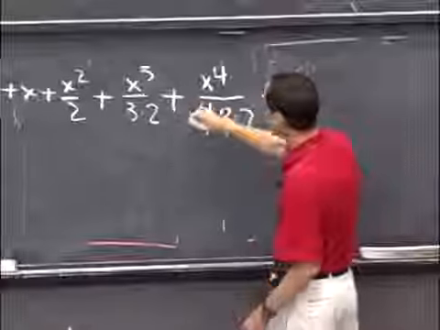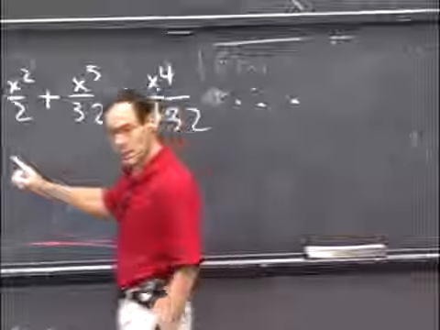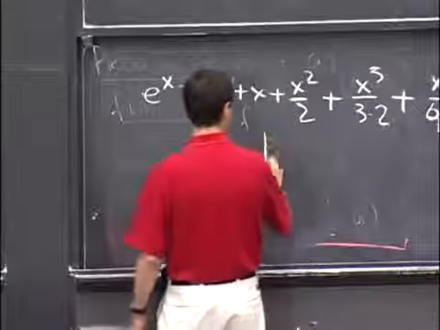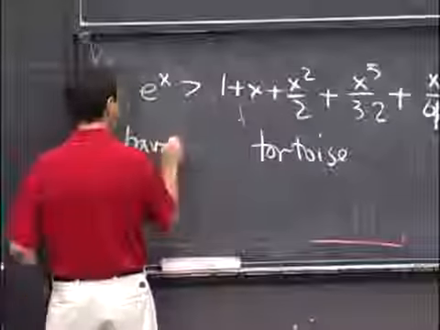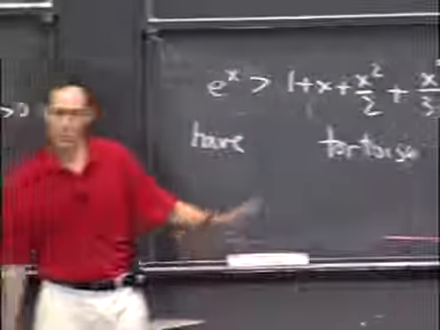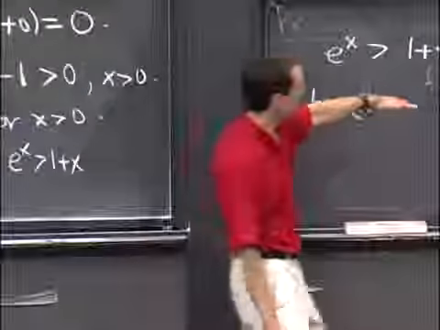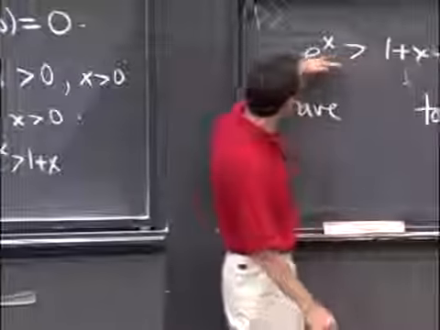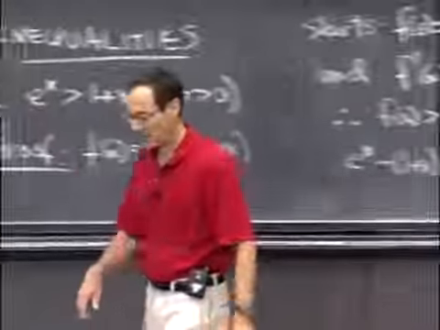And you can do whatever you want. You can do others. And this is like the tortoise and the hare. Right? This is the tortoise, and this is the hare. It's always ahead, but eventually, if you go infinitely far, it catches up. So this turns out to be exactly equal to e^x in the limit. And we'll talk about that maybe at the end of the course.